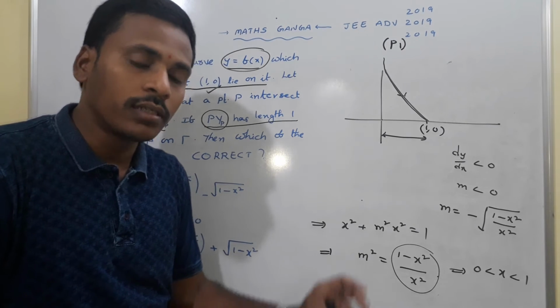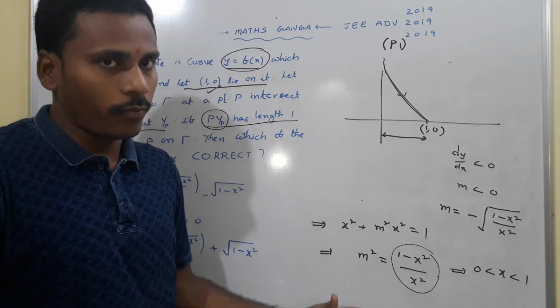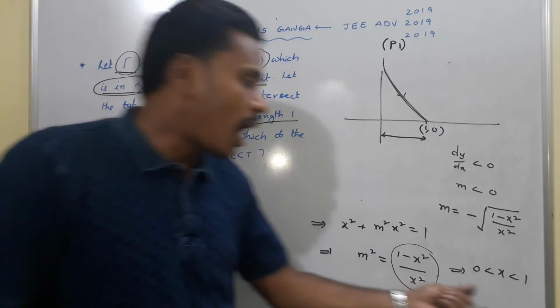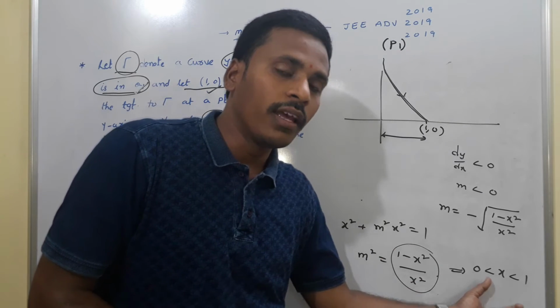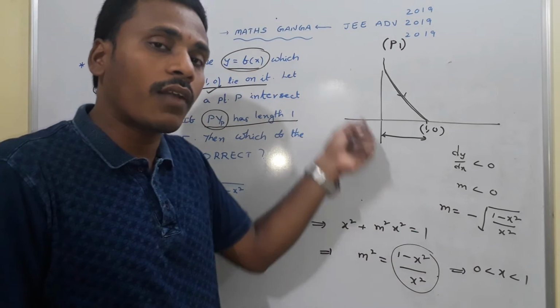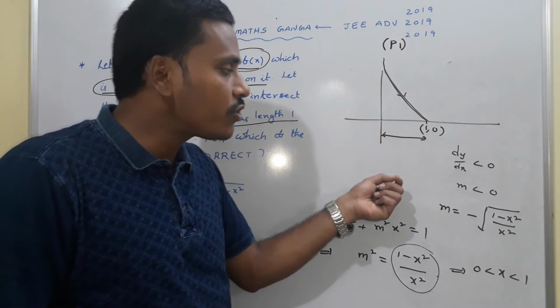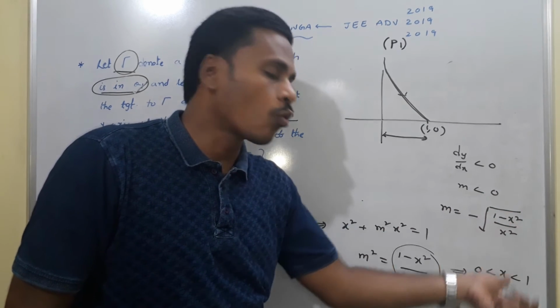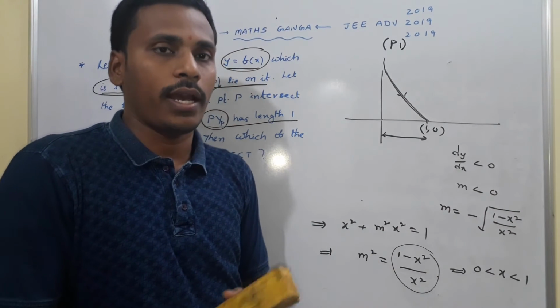To decide that, we observe the nature of the curve. The curve lies in the first quadrant, passes through (1, 0), and the range of x is between 0 and 1. With these constraints, we confirmed that the curve is a decreasing function. Since the curve is decreasing, its slope is negative.